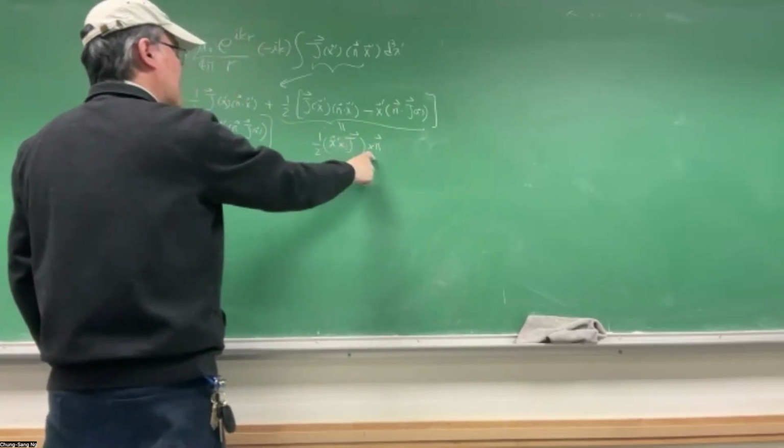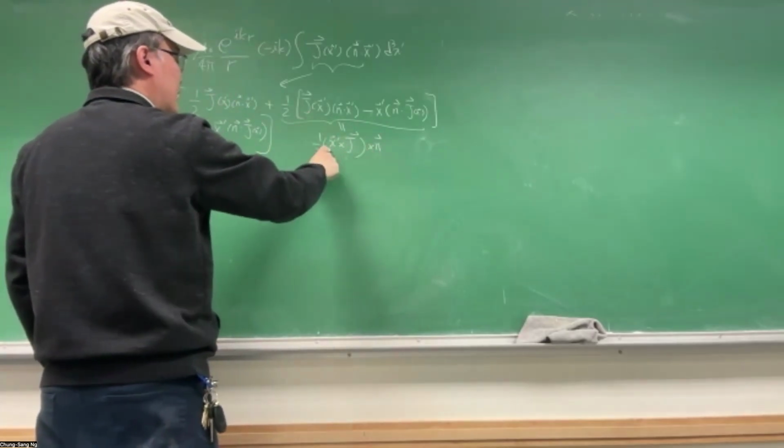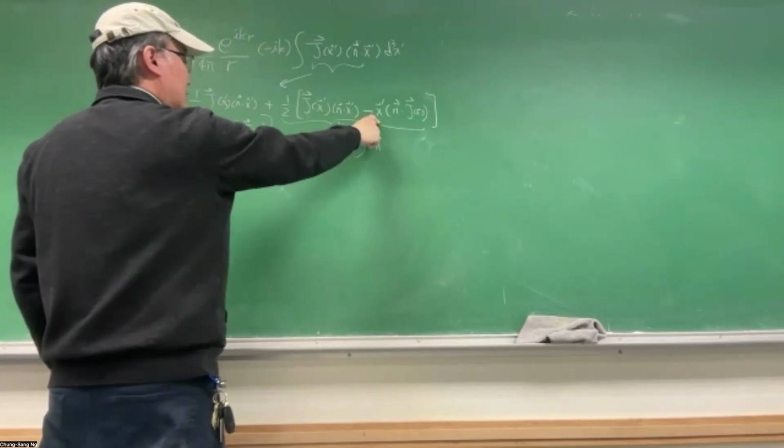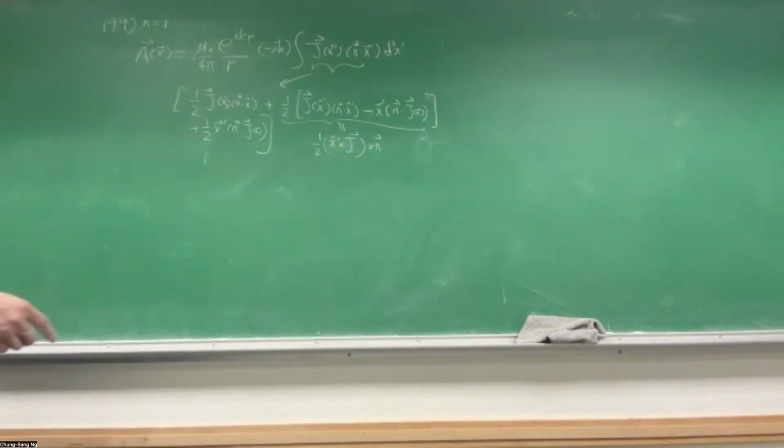So this triple product, the first term is j is x dot n, and the second term is along x and n dot j, right?